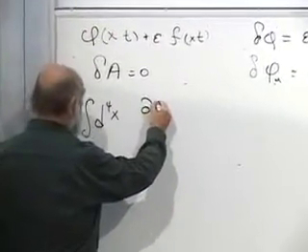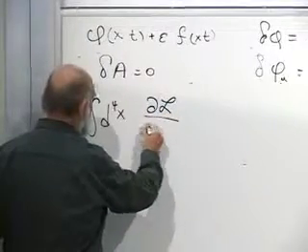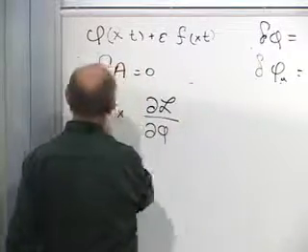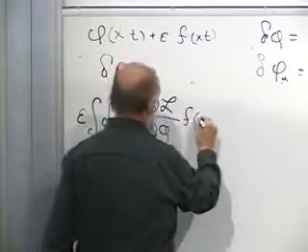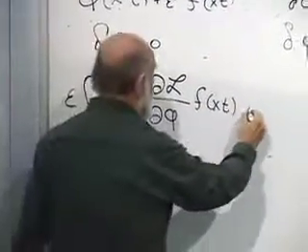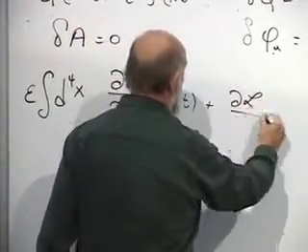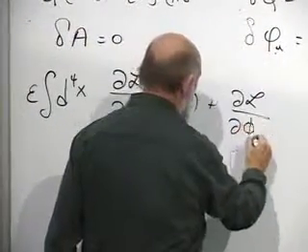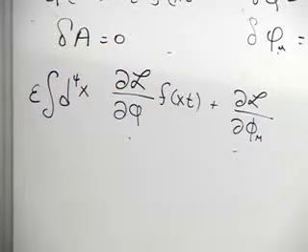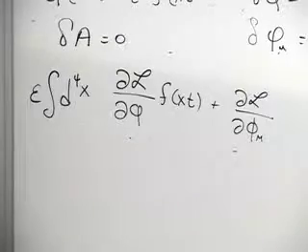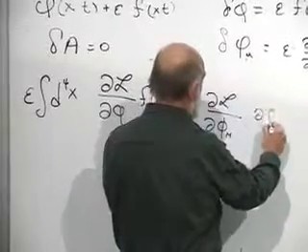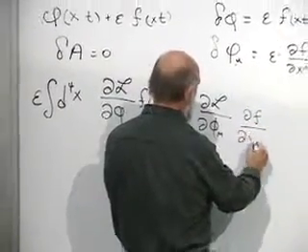That's the derivative of the Lagrangian density with respect to phi times delta phi, that's epsilon on the outside, f of x and t, plus the derivative of the Lagrangian with respect to phi mu, phi t, phi x, phi y, phi z, times the change in phi mu, which is the derivative of f with respect to x mu.